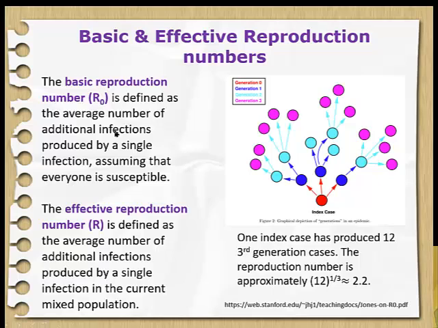Now this is the basic reproduction number. The effective reproduction number is the number of average infections produced by a single infection in the current mixed population. We just saw that you have herd immunity when you have many recovered individuals in the population.